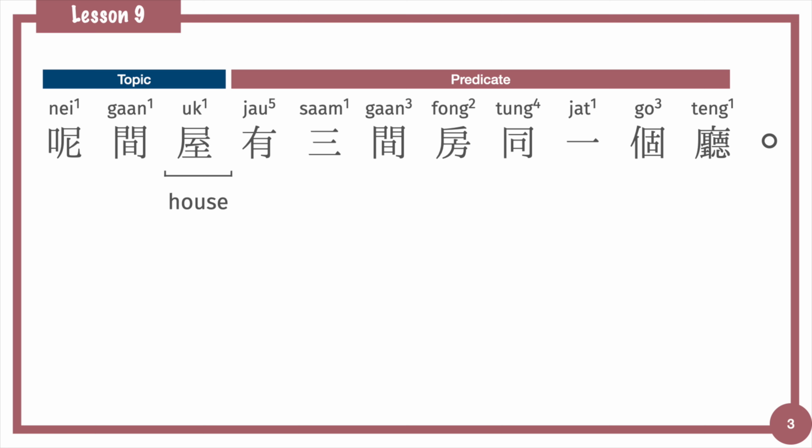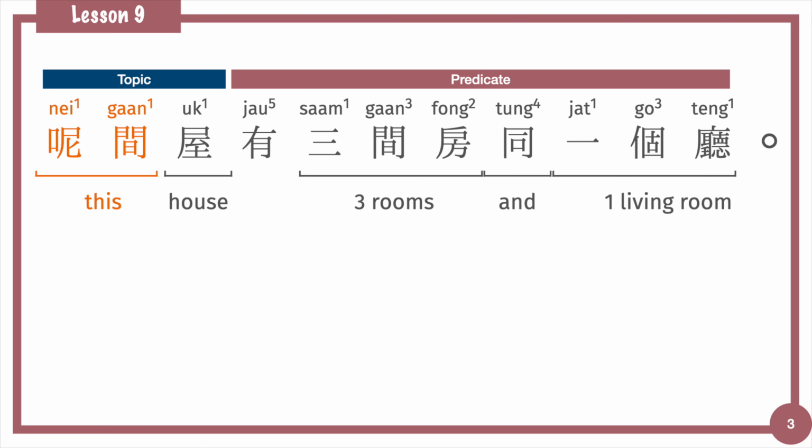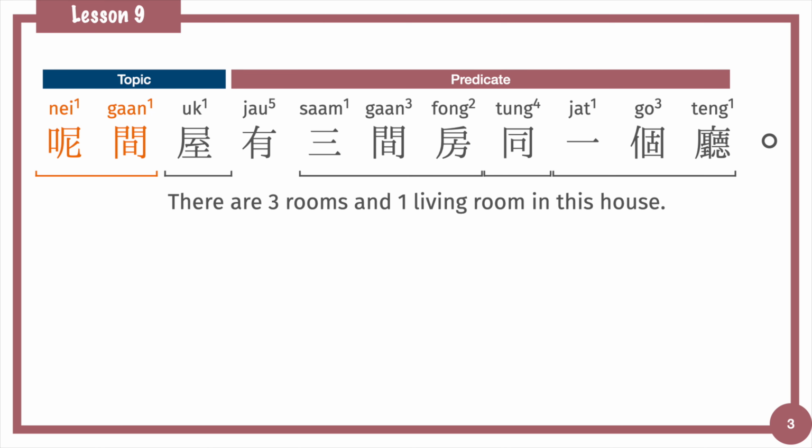Now it can also refer to the flat that people live. 間 is the measure word used for counting house or rooms. 呢間屋 this house, 3間房同1個廳 3 rooms and 1 living room. 房 is room and 廳 is living room in Cantonese. 廳 is an open area, so we will use 個 instead of 間 as its measure word. 呢間屋有3間房同1個廳. There are 3 rooms and 1 living room in this house.